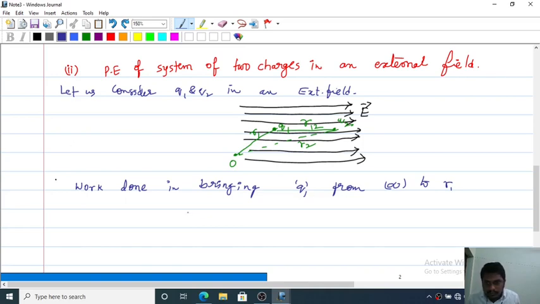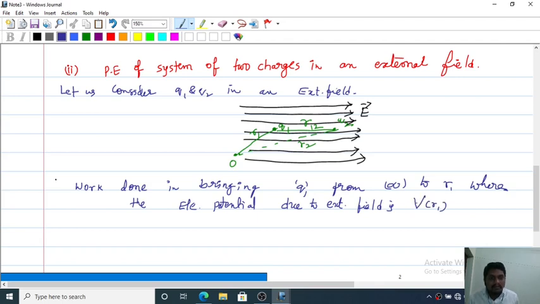Okay, work done in bringing Q1 from infinity to R1, where the electric potential due to external field is V of R1.